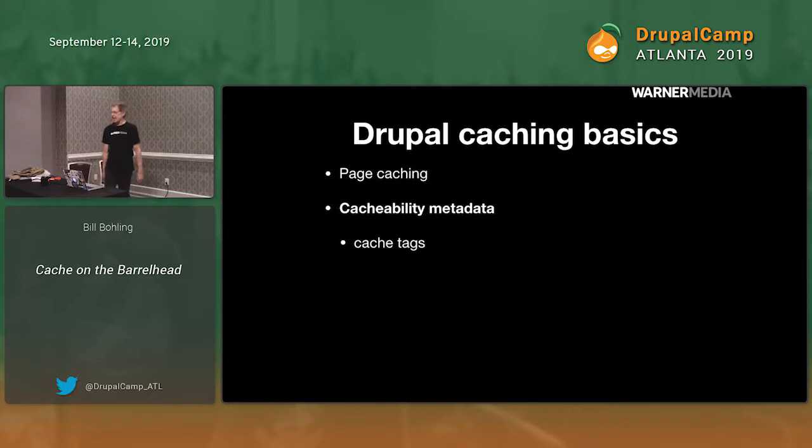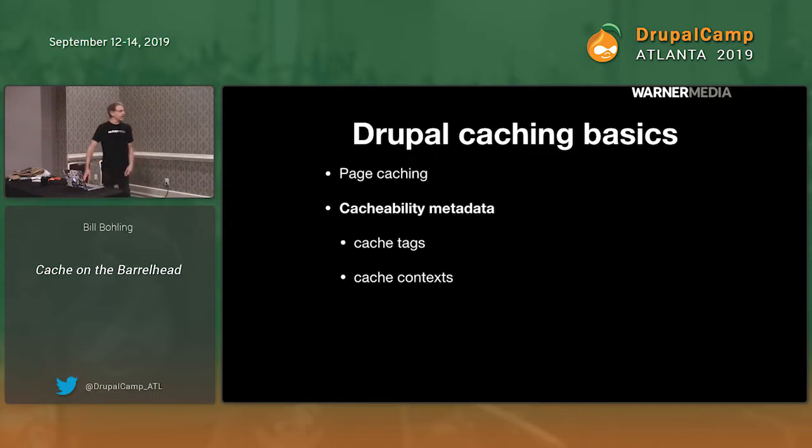Drupal recognizes a lot of tags on its own, just because of the way entities are set up, but you can use your own also, as long as you remember to invalidate them yourself. A really cool thing about cache tags is you can also use these to invalidate caches up or downstream. On Varnish and on your CDN, you can pass your cache tags and invalidation tags to them and refresh your content out at the edge. So learn about cache tags, love them, and use them.